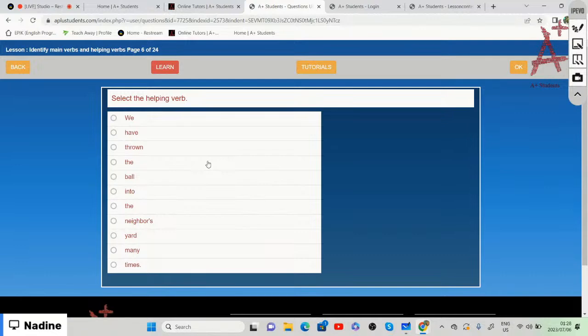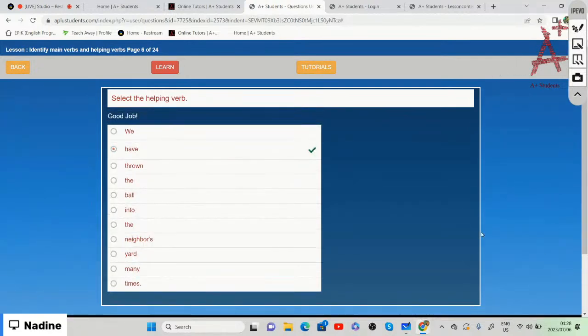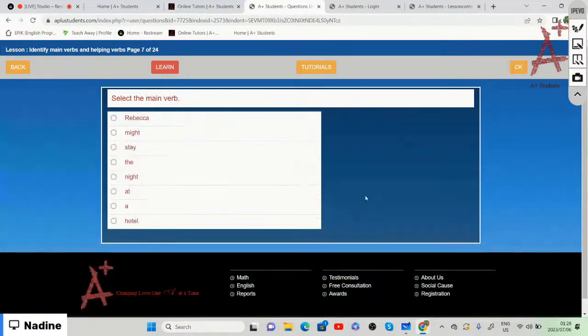All right. So we have thrown. So if we were to choose the main verb, we can say the main verb is thrown, right? Which means that the helping verb is have. So if you have that, then well done, right?